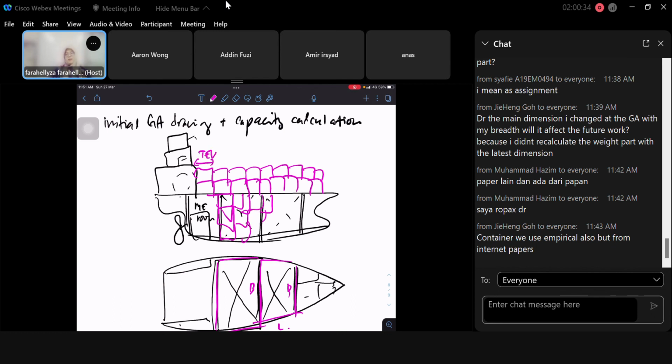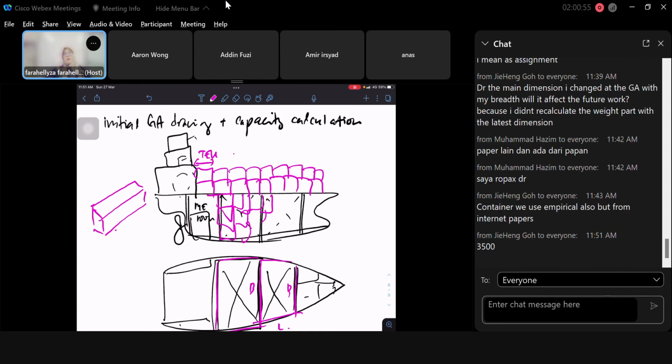So for TEU, they found out the size of the container, then they put them on board the vessel. So maybe it's about 40,000? What is the value? 4,000, 10,000, 6,000. Okay, 3,500 and 6,000 for the container ship last time. So it needs to have 3,500 of these containers on board the vessel.